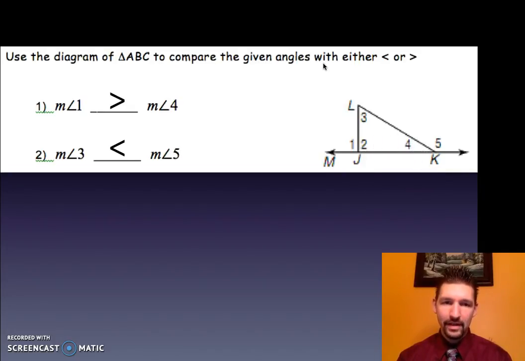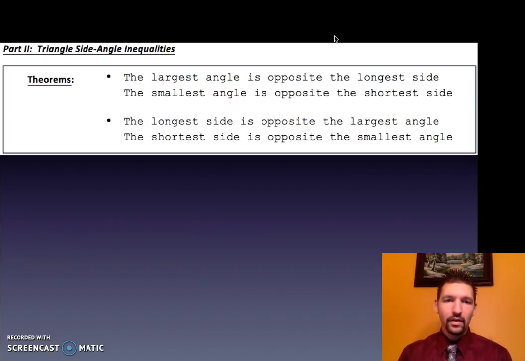Number 2 is looking at angle 3 and angle 5. Well, angle 3 is on the inside. Angle 5 is an exterior angle on the outside. So 5 is the bigger one, meaning that the measure of angle 3 is less than the measure of angle 5. So there will be a little practice on that in a little bit.